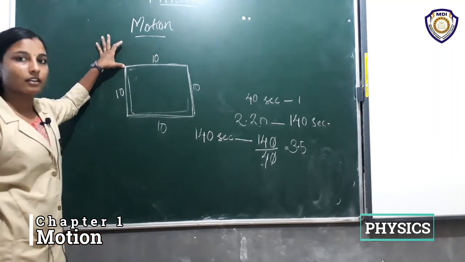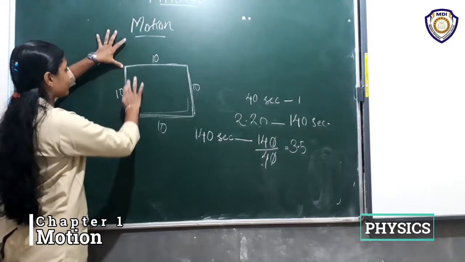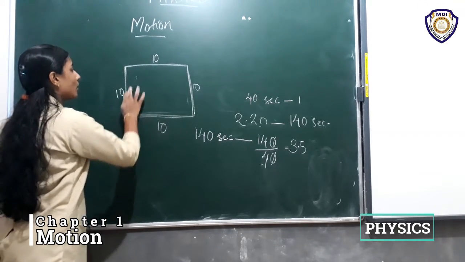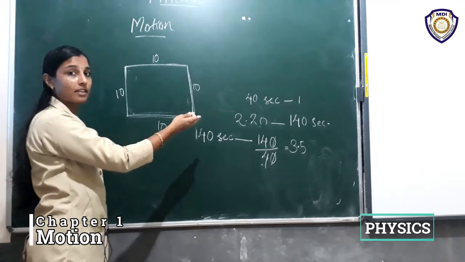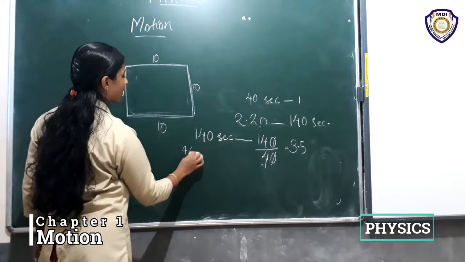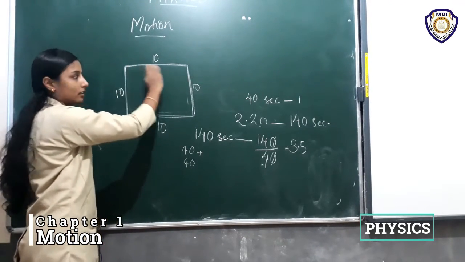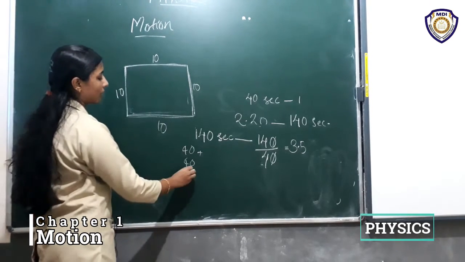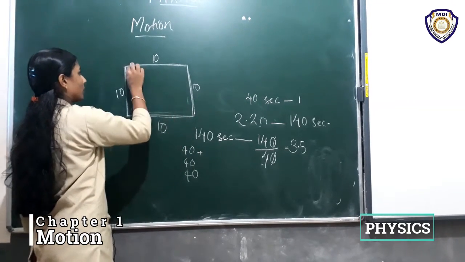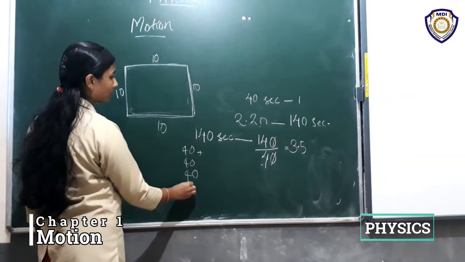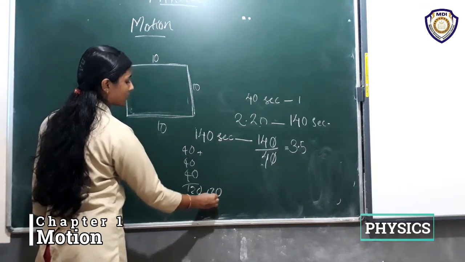After 40 seconds he is here, the starting and ending positions are the same, and after 80 seconds he is also here, that means he covers one more round, and after 120 seconds he covers another round, and the remaining is only 20 seconds, right?